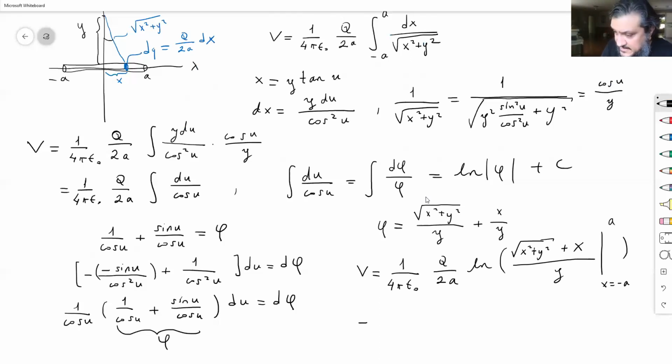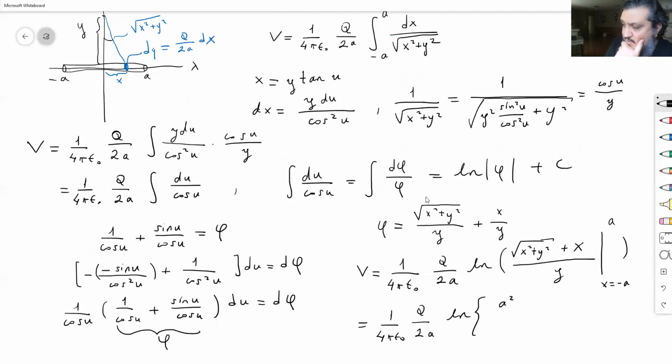If I do that, q over 2a, I will have the natural logarithm of: now, if I divide by the same thing, the y's will cancel. I just need to use the numerators. Instead of x, I'm going to use a.